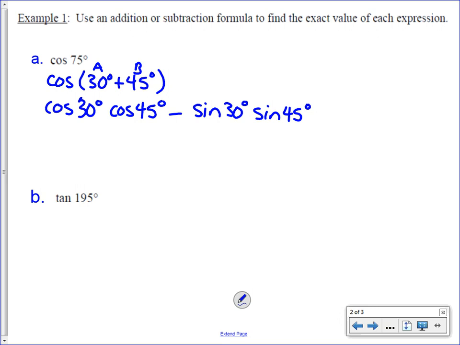This is where your unit circle is going to come in. Now we're going to find cosine of 30 degrees using your unit circle.